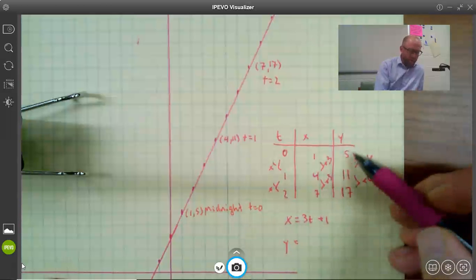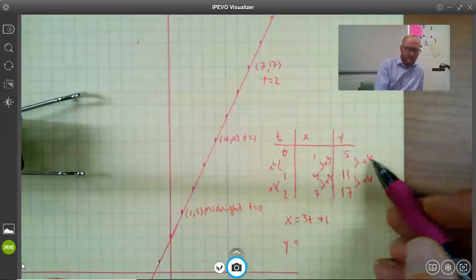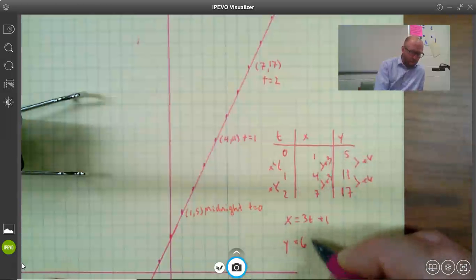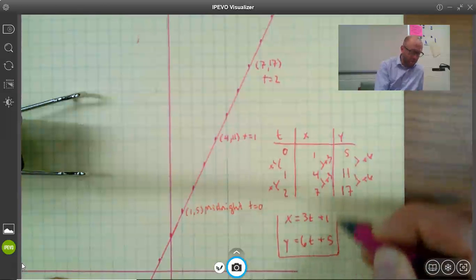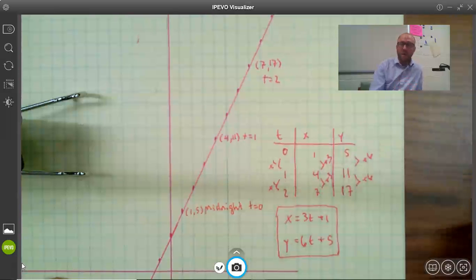Y starts at 5 and increases 6 per hour, so we have 6t plus 5. So there are our 2 equations, and we can use these to predict where Blair is at any time.